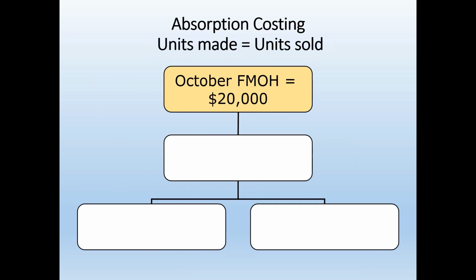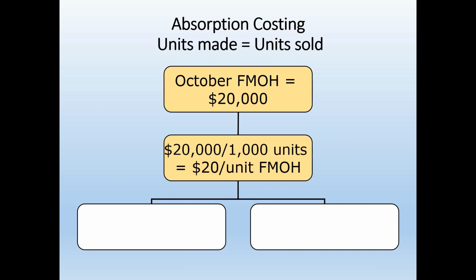Here's our $20,000 of fixed manufacturing overhead in October. Under absorption costing, each unit has to carry its share. Since we made 1,000 units, that means that in October, each unit has to carry $20 of fixed overhead.